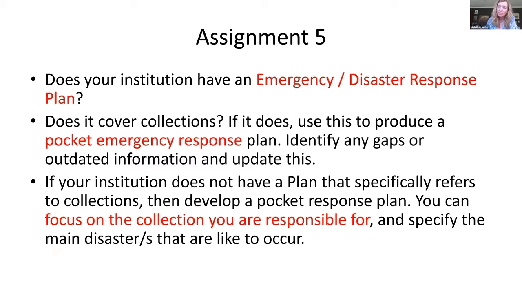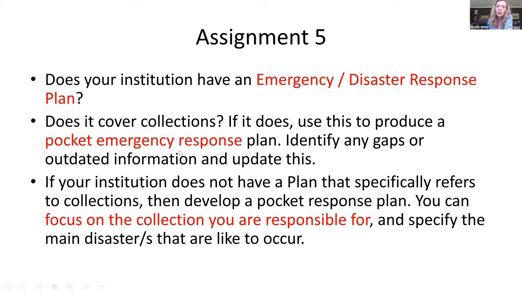So the first step in the assignment is really to look, do we have this in our institution? If you're in a big institution like a university, the university might have something, but it doesn't specifically mention collections. And so that would be a gap that would need to be addressed.